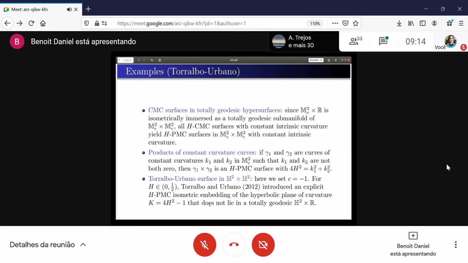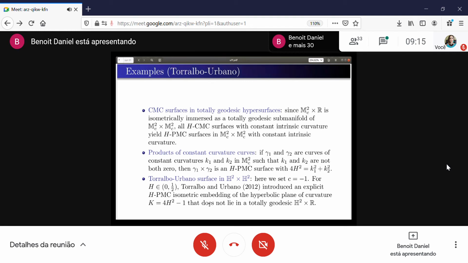They found it when they were looking for PMC surfaces satisfying some properties. In their paper, they also provide other examples of PMC surfaces, but not with constant intrinsic curvature, generalizing this Torralbo-Urbano surface.